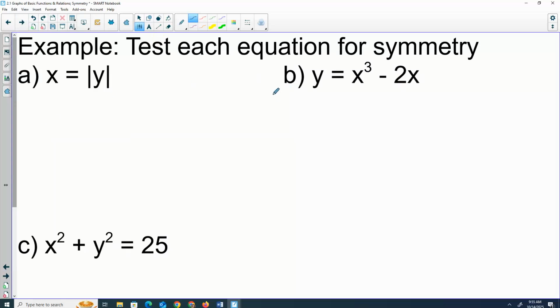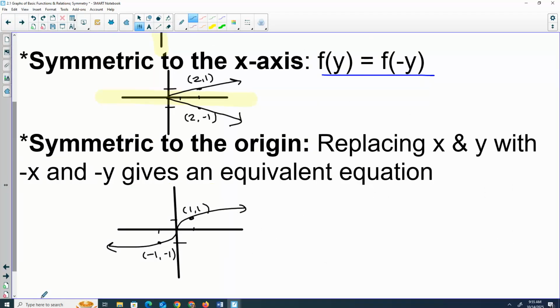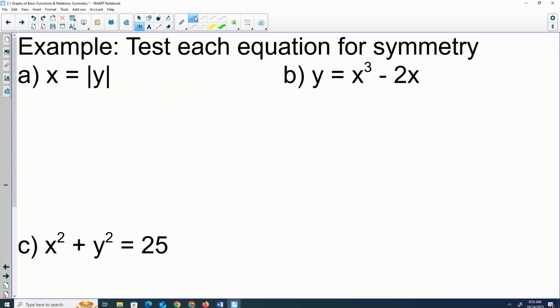If I want to decide the symmetry by looking at the equations, there are a couple different things we can do.